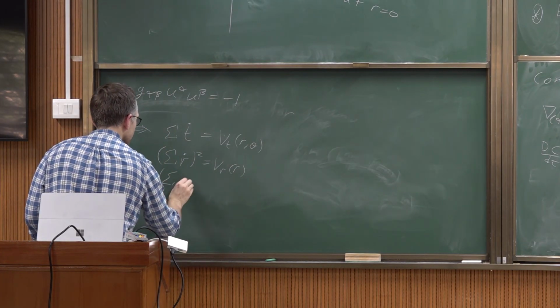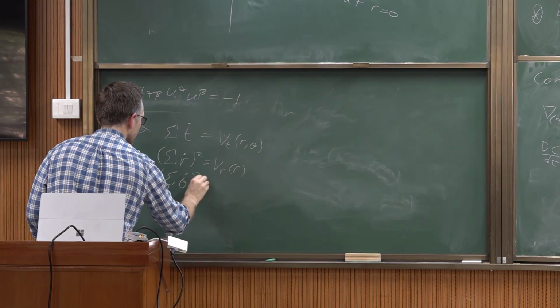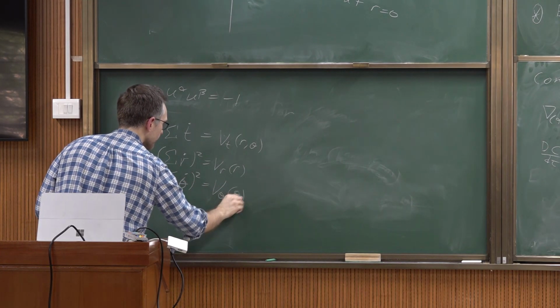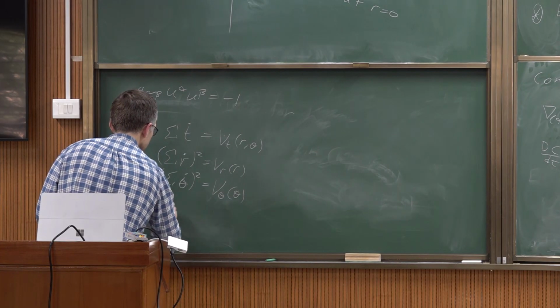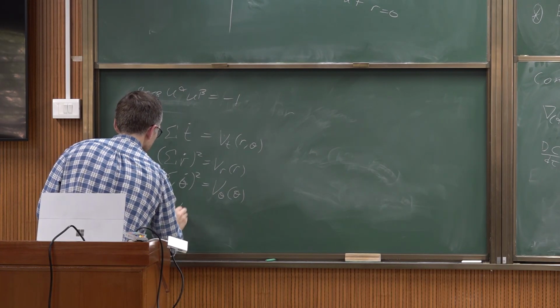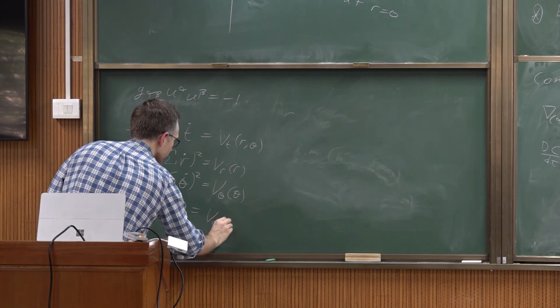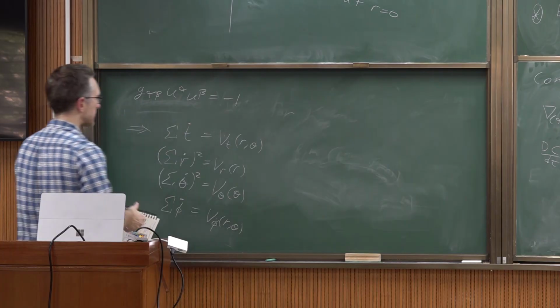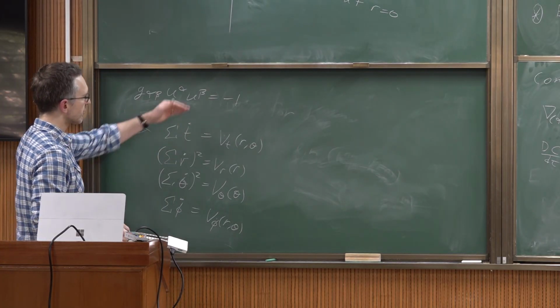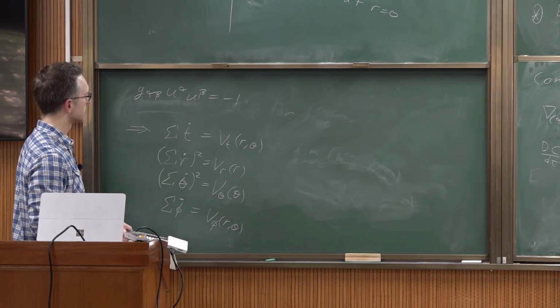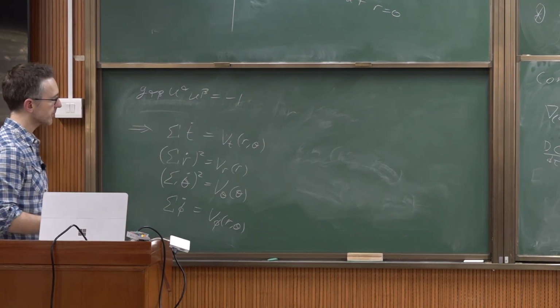Sigma theta dot squared is a function just of theta. And then sigma phi dot is a function of r and theta. So you never have any dependence explicitly on t and phi because the space-time is stationary and axisymmetric.